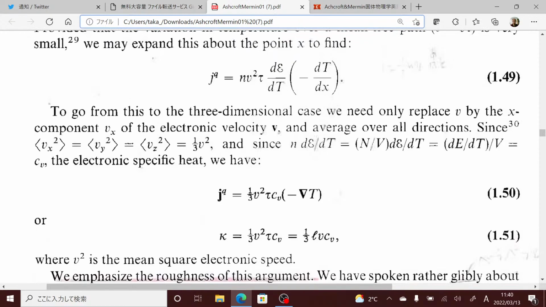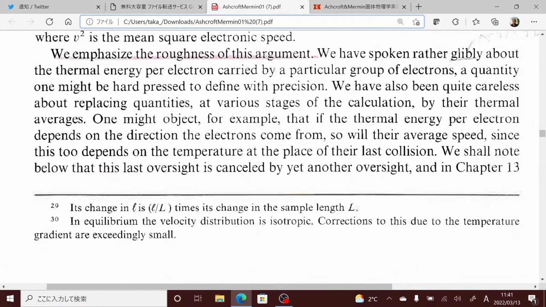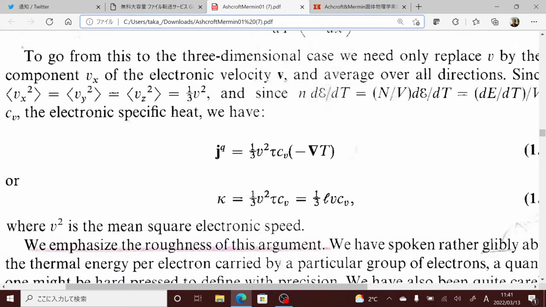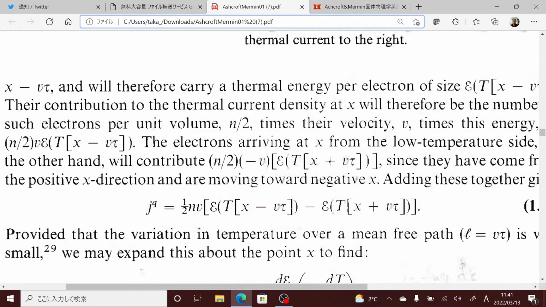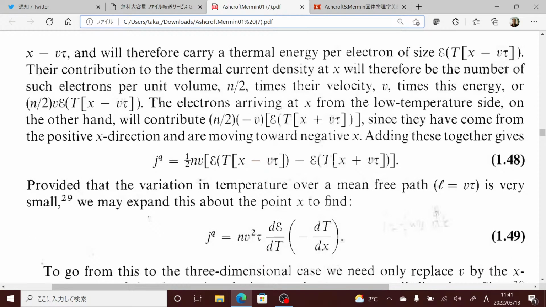Let me read the 29. Its change in L is l over L times the change in the sample length. Okay. Variation in temperature over mean-free path is very small.